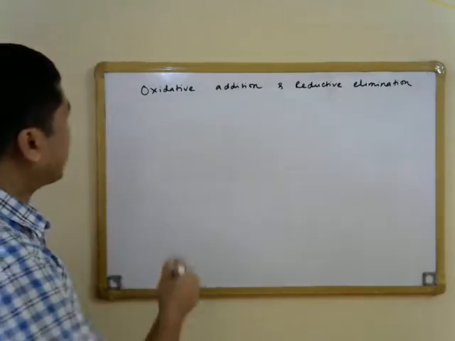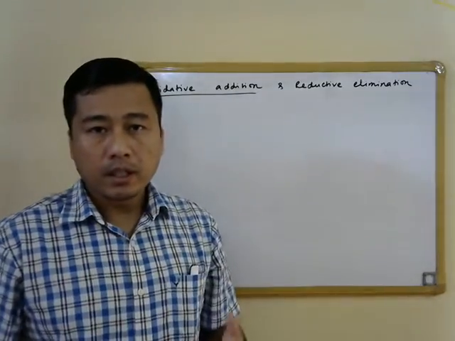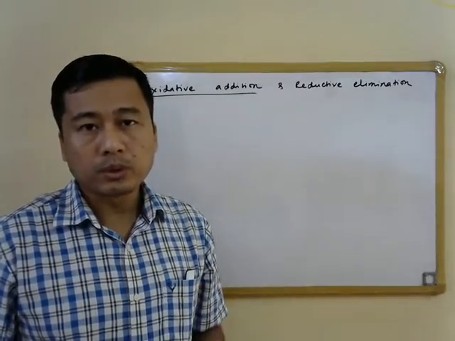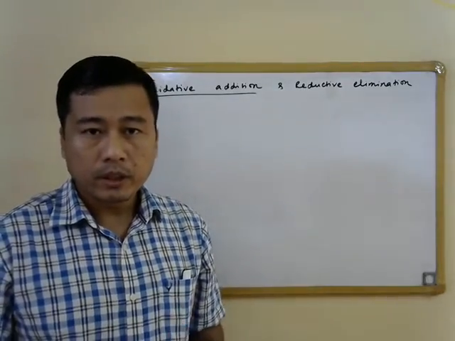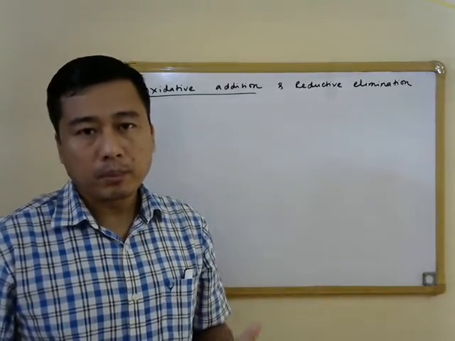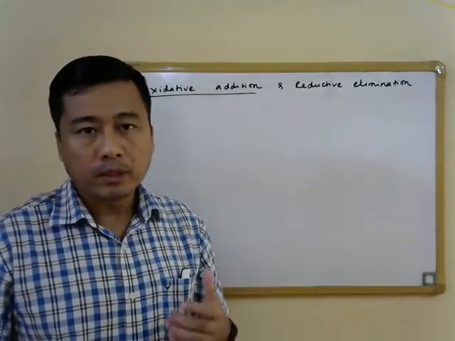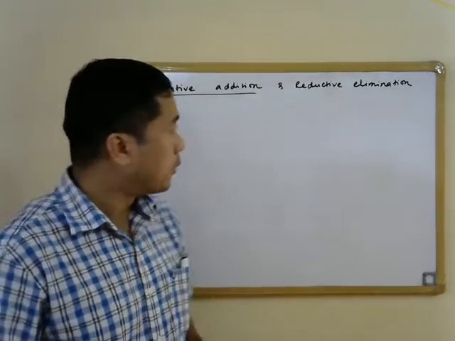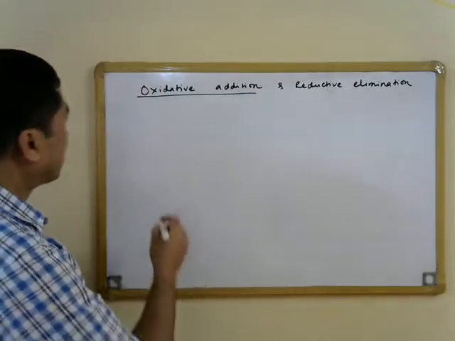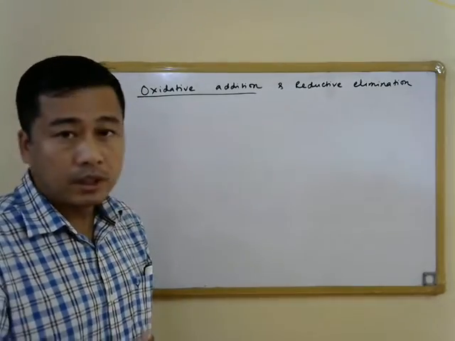So the oxidative addition reaction is a reaction where a coordinatively unsaturated metal complex undergoes addition of a ligand, and this is accompanied by the oxidation of the metal center by 2 units as well as an increase in the coordination number by 2 units. We can give one example of oxidative addition, that is the reaction of Vaska's complex with molecular hydrogen.